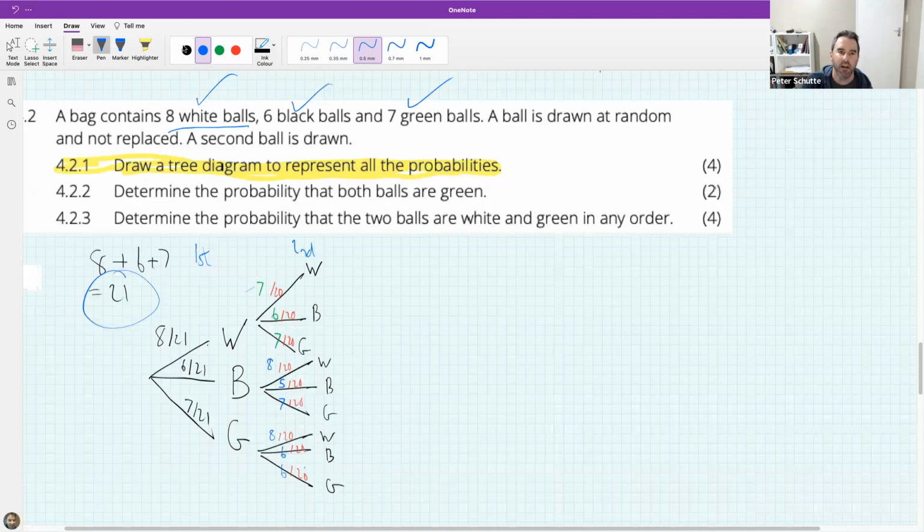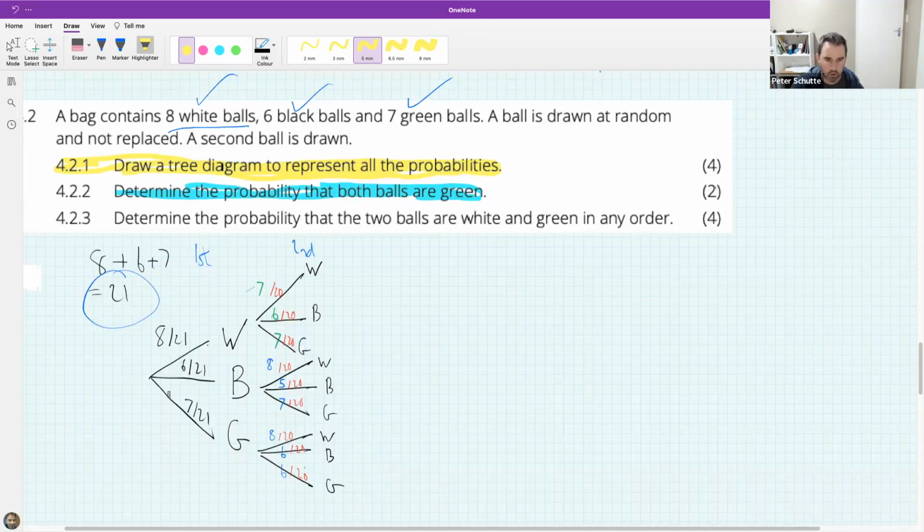Now, I want to know from the students in the room, what is the probability that I choose a green ball on my first go, I put it to the side, and then I choose a green one on my second go? I like to know, what pathway am I on?